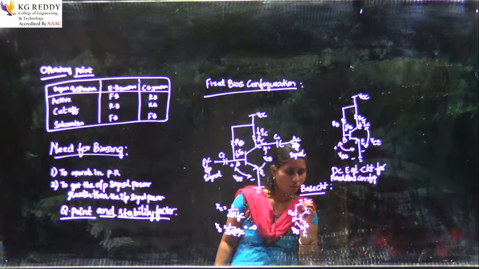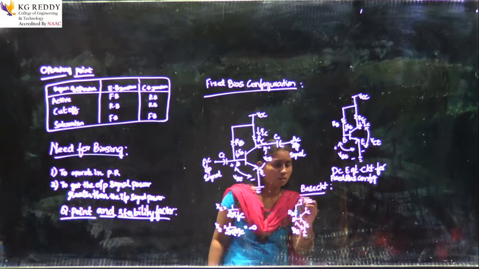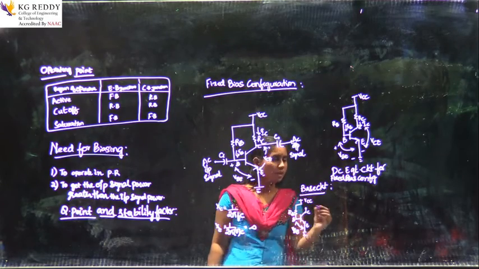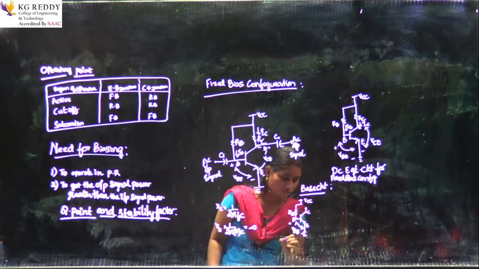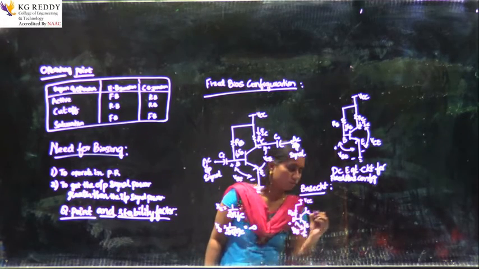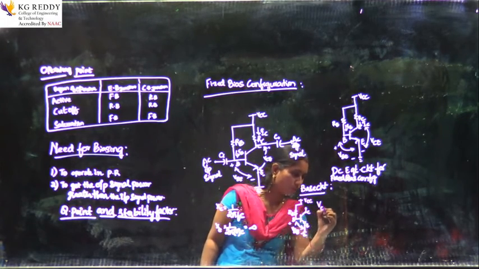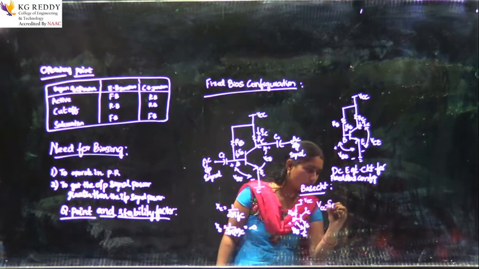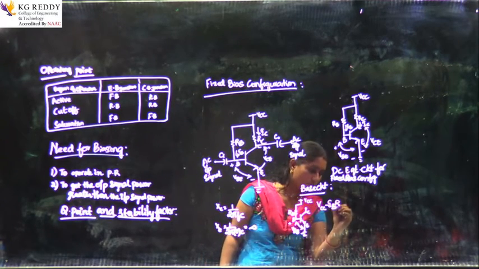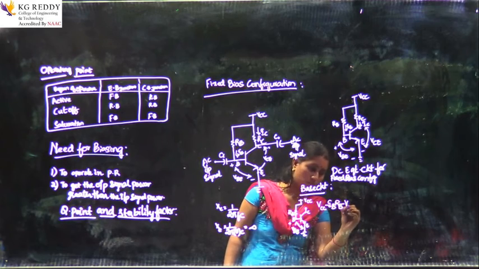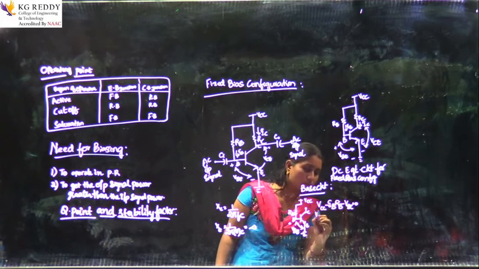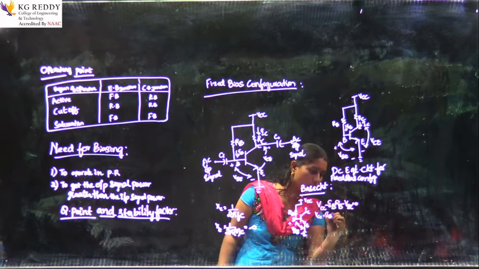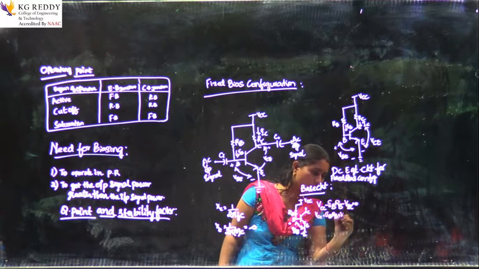Now, apply KVL to this base loop, then we will get VCC minus IB RB minus VBE equals 0. Then I can write VCC equals IB RB plus VBE.